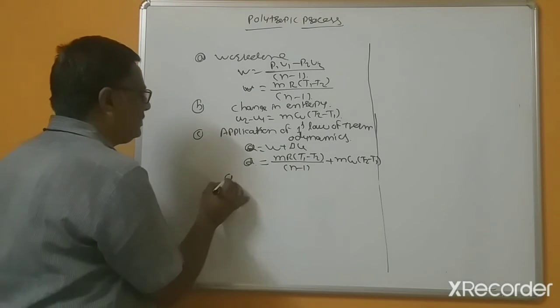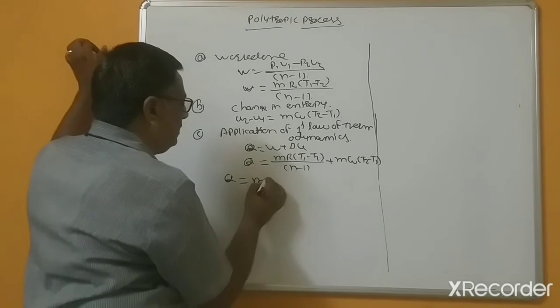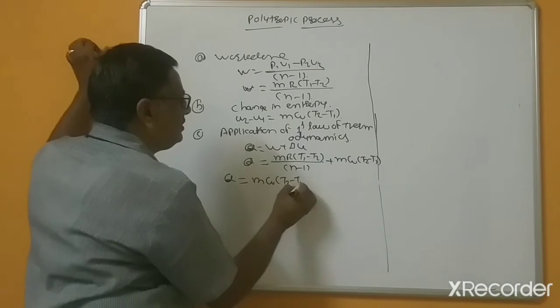Now by taking common factors, Q equals mCv into (T2 minus T1).